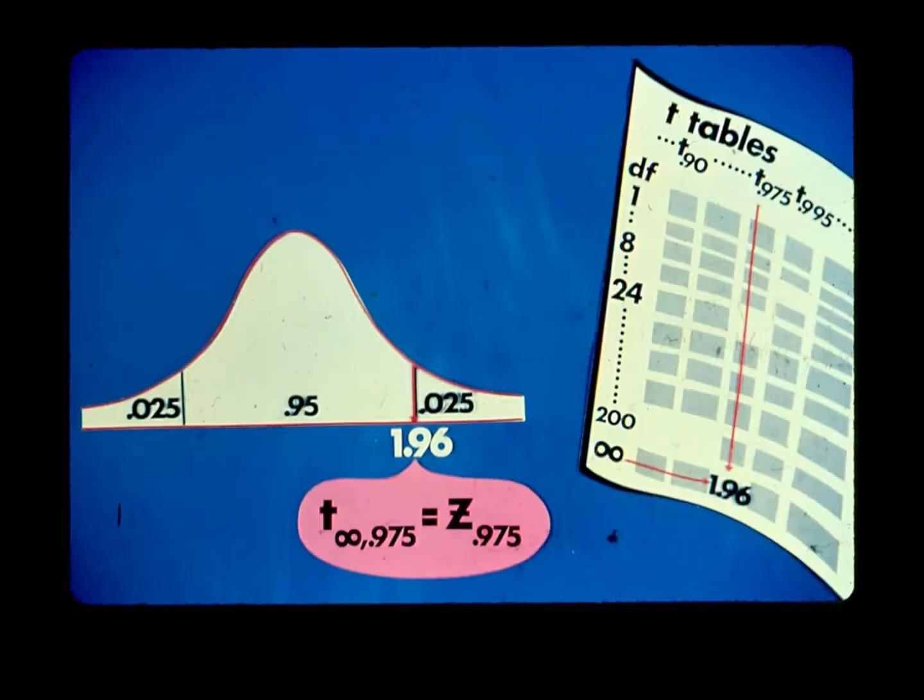It turns out that the 97.5 percentile of t with infinity degrees of freedom is 1.96. This value is probably familiar to you as the same value as the 97.5 percentile on the standard normal or z-distribution. That is, the area below 1.96 for the z-distribution is always 0.975 and the area above 1.96 is always 0.025.